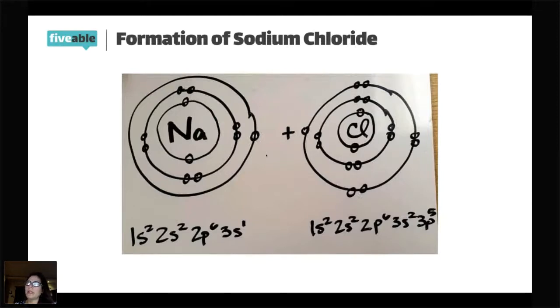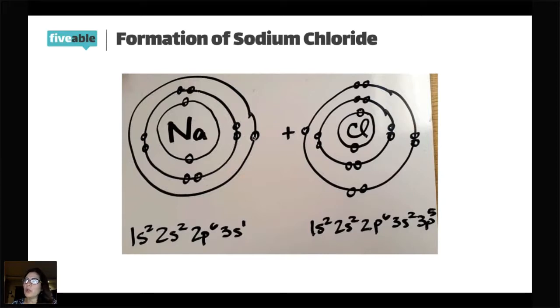So what would sodium do? Correct. It will lose this 1 electron because if it loses it, it has a complete outer shell, and then it will fulfill the octet. The second shell will have 8.